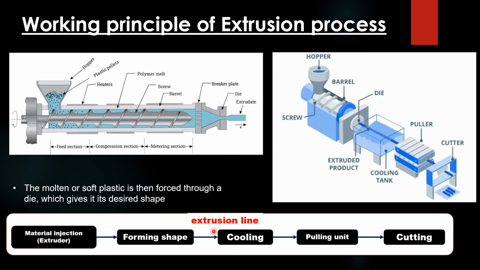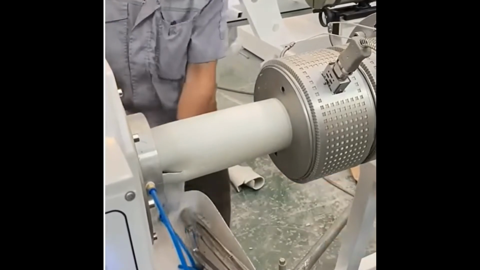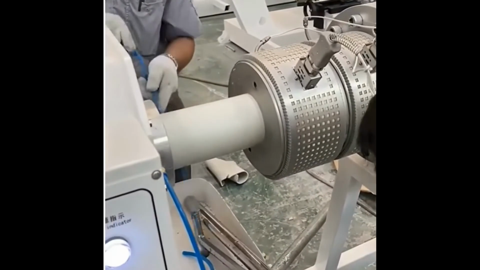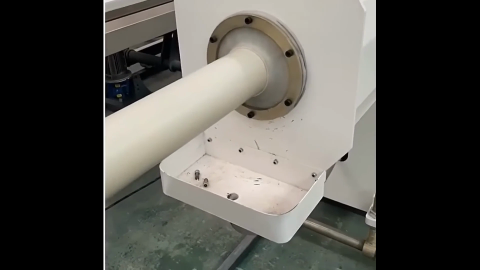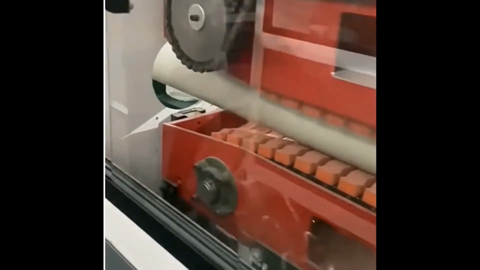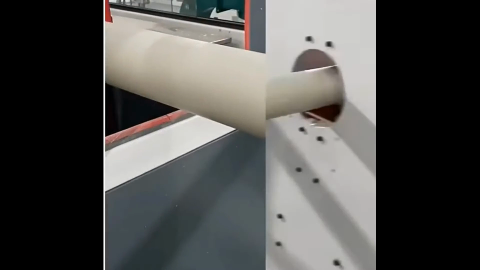This is a continuous method, generally used for mass production and for manufacturing different types of sections. If you see the extrusion line, it is very long and occupies a lot of space. The material injection unit is there, the extruder, then the die to form the shape, then the cooling unit, pulling unit, and cutting unit. This is the complete production line of the extrusion process. Now you can see in this video the pipe is continuously extruded, and we generally cut these pipes at the required length.